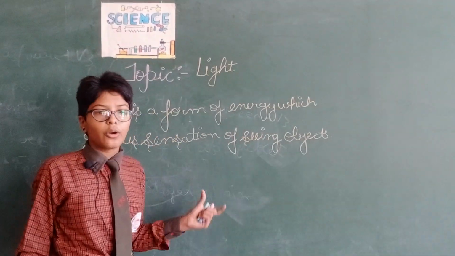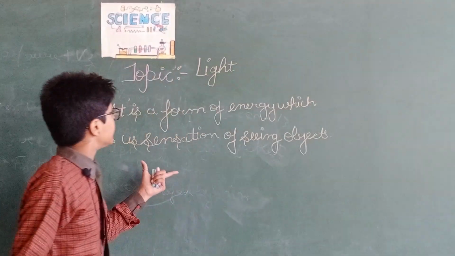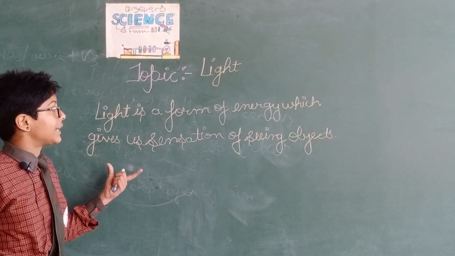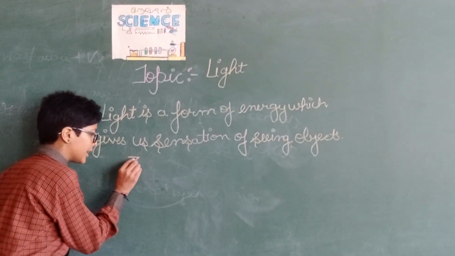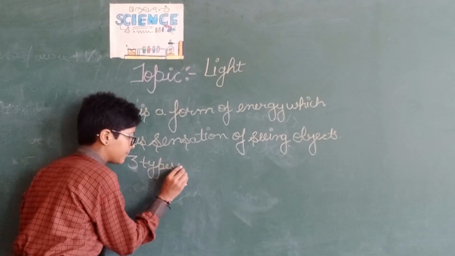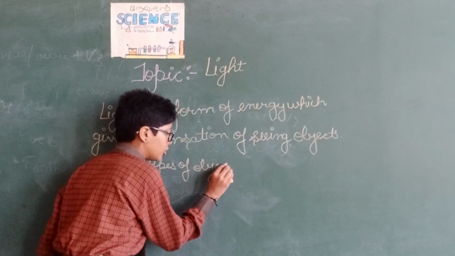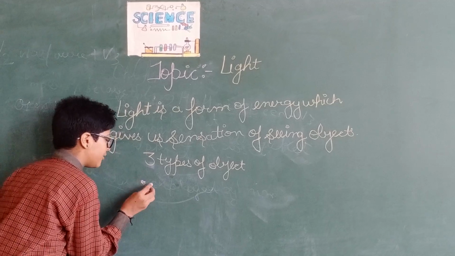First, we will discuss the classification of objects on the basis of whether they allow light to pass through them or not. On that basis, there are three types of objects. What are those? The first one is transparent object.